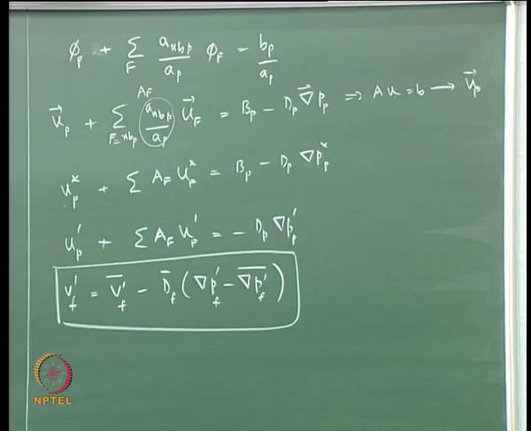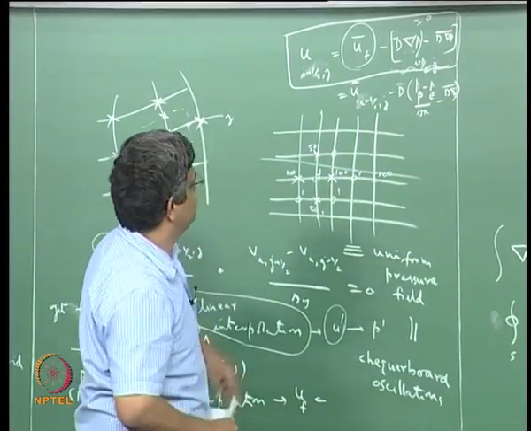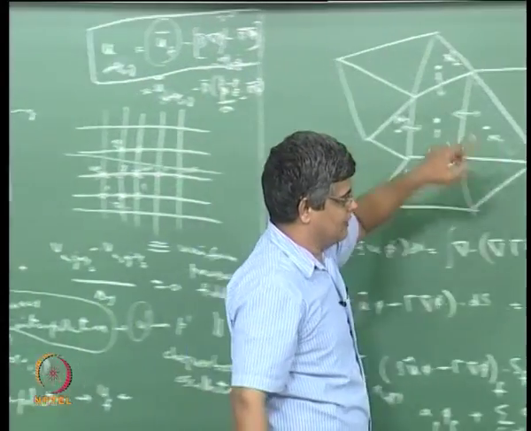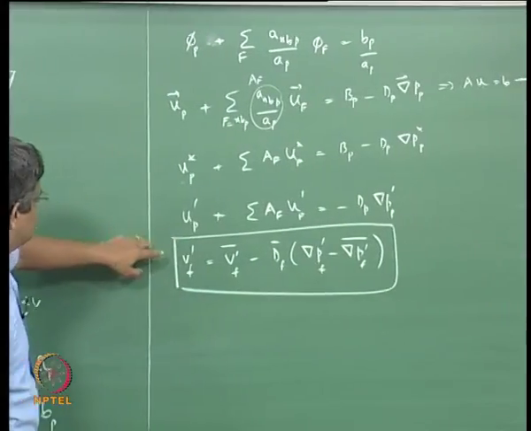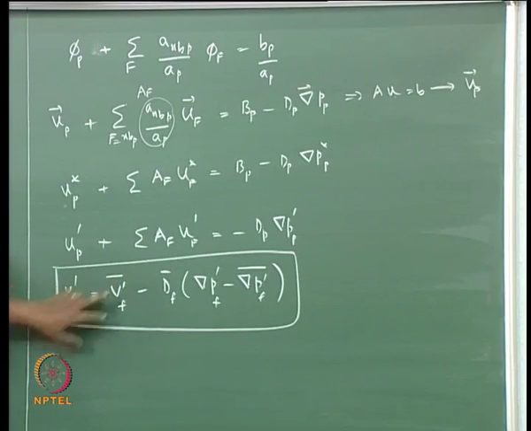So this way of writing is similar to writing it like this. We have the interpolated velocity here, and we are now directly writing the expression for the velocity correction. So you have the interpolated velocity correction.